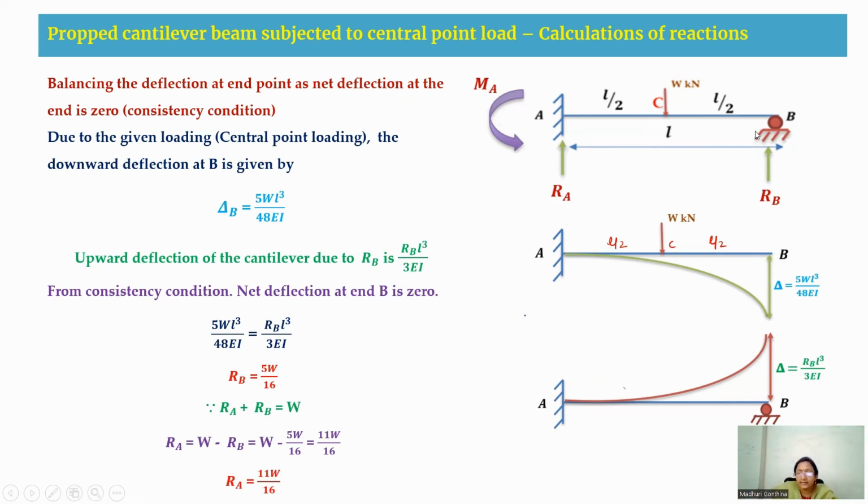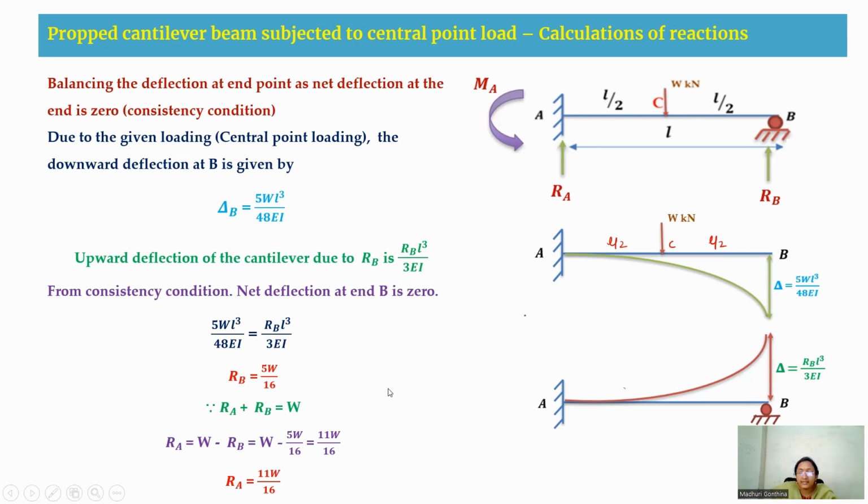We have taken the net deflection at B as 0, as there is no settlement in this support and so on. We are considering it as a rigid support. As we equated the upward deflection to the downward deflection, we got the RB value. Then by using sigma Fy equal to 0, we got the RA value.